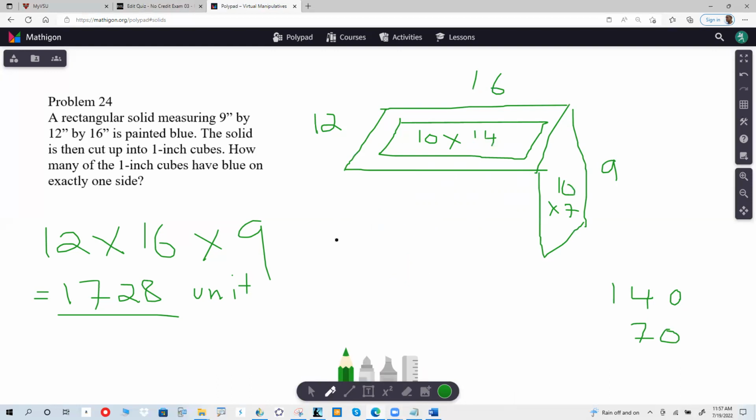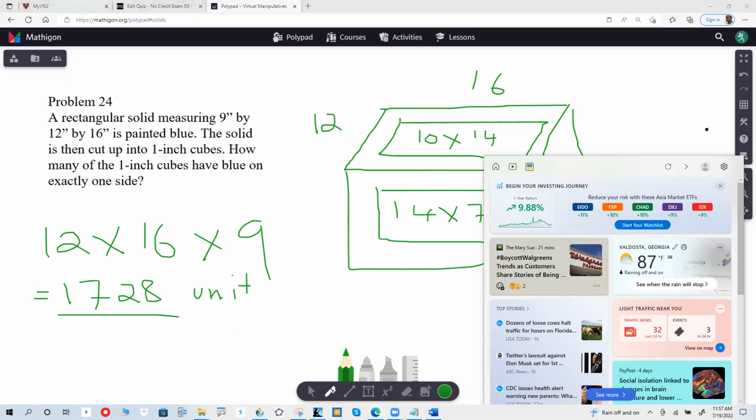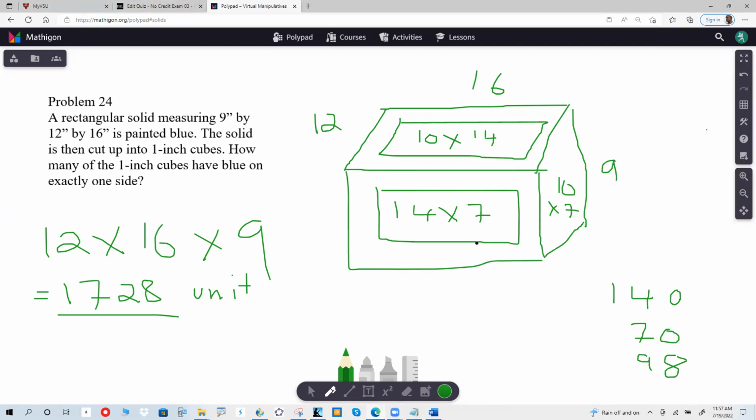And there is another face, and that face is going to be 9 by 16. 16 minus 2 is 14, and 9 minus 2 is 7. 7 times 14 is 98. Okay, I'm going to add them all up. Let me check it once again. I want to make sure I didn't mess it up. 14 times 7 is 98. That sounds about right.